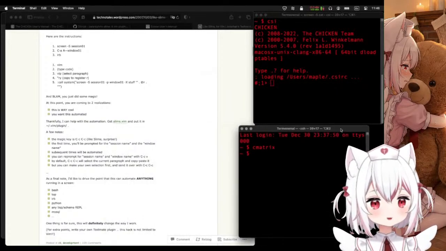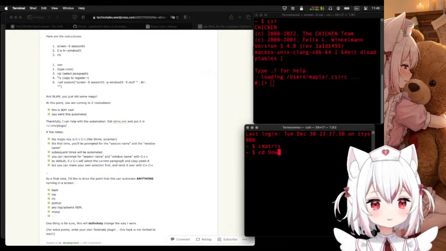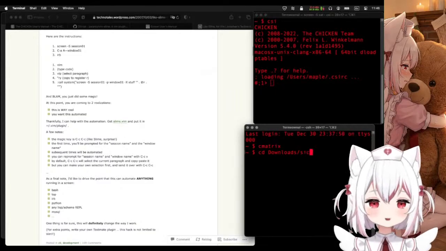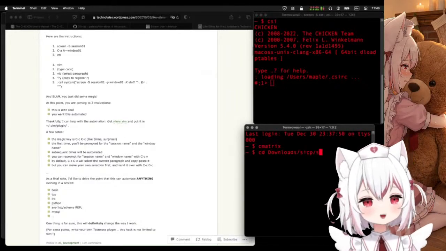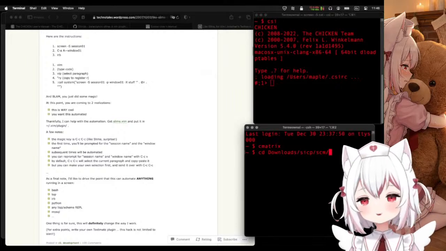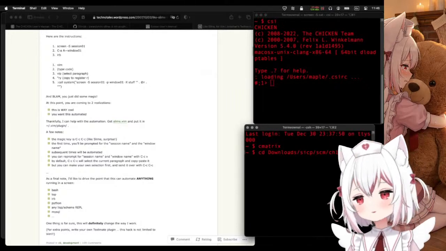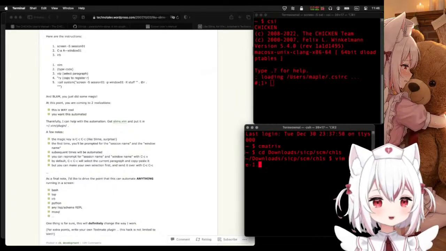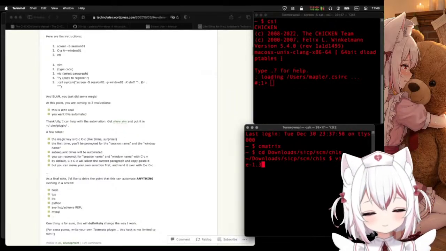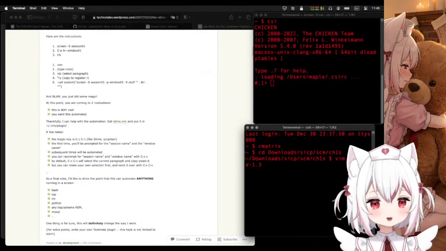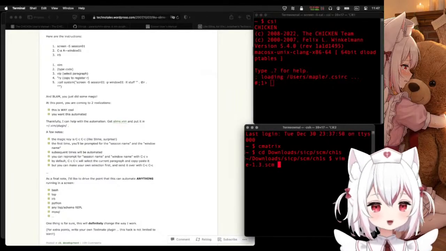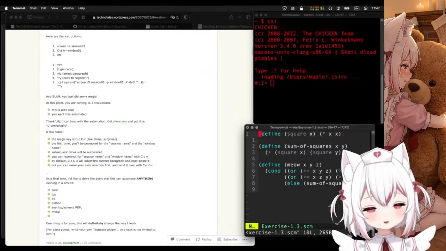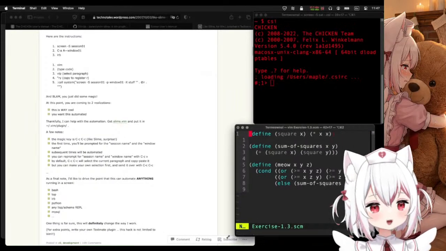And I'm gonna go to wherever I put my notes, my silly little notes. And I'm gonna open some notes randomly. I'm gonna open note number 3. Why not?